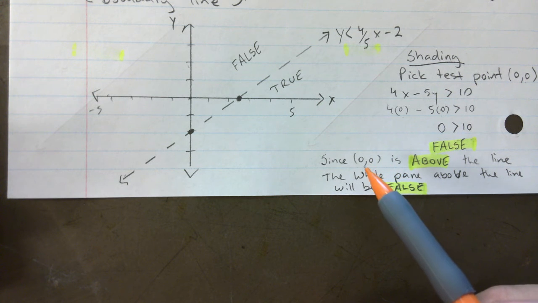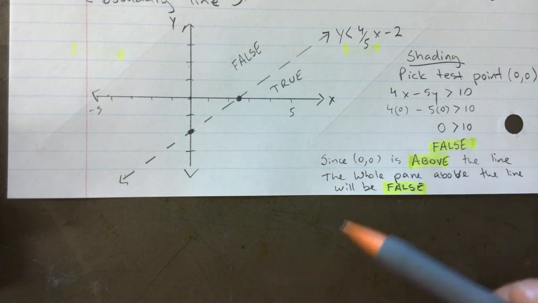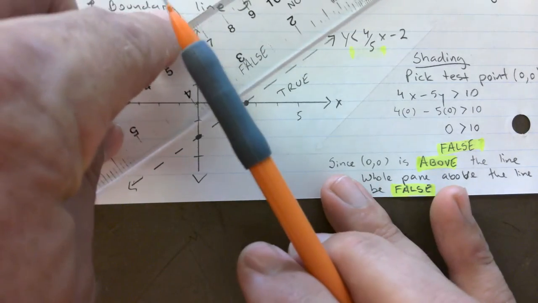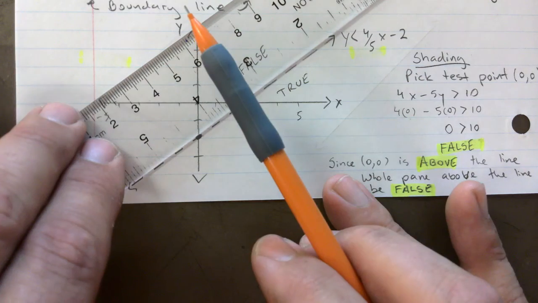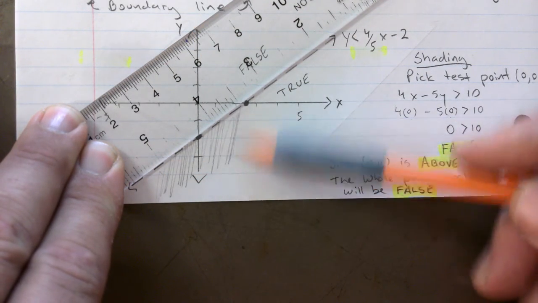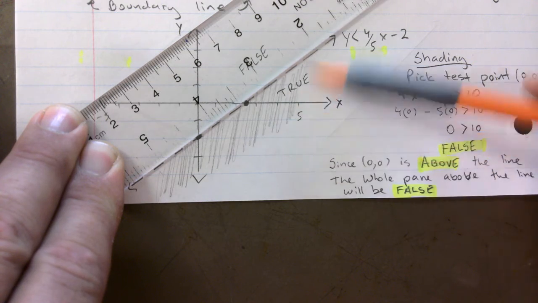Okay, so we're using regular shading, which means we're shading the true region. This is what I normally do: I put my ruler right up against the line and then just shade. That way you don't have to worry about going overboard.